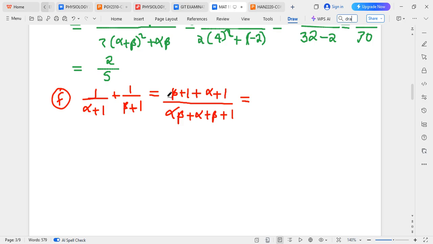I'm going to pair the alpha and the beta together on top, and then I'll add the 1 and the 1. That is going to be a 2. Down, I've got alpha beta. So I'm going to first write alpha plus beta, okay? These two here. I can even put them in brackets. And then I've got alpha beta, and then I've got a 1. And then I'll make substitutions.